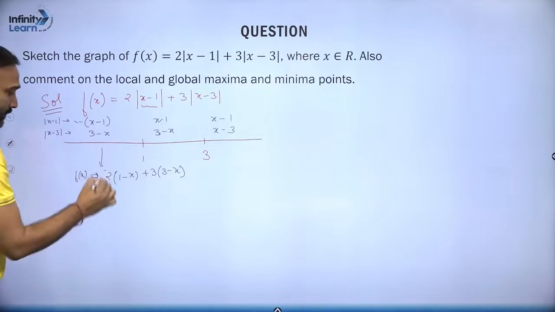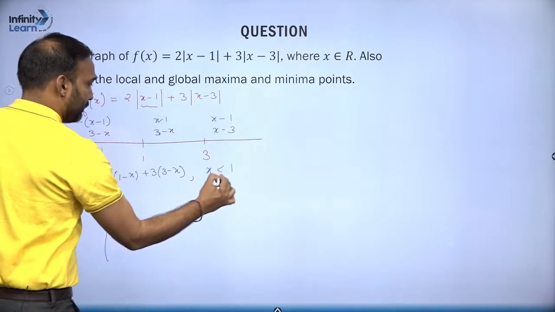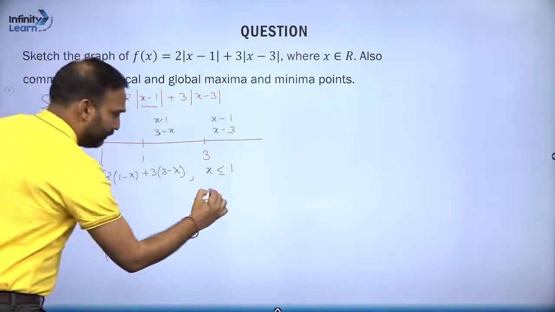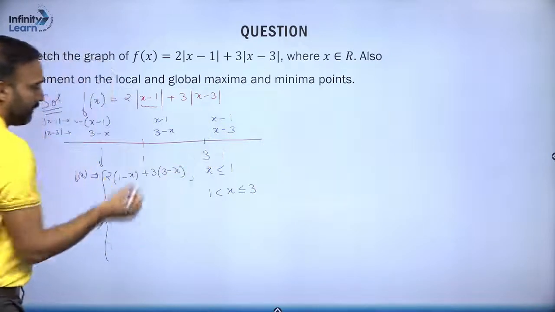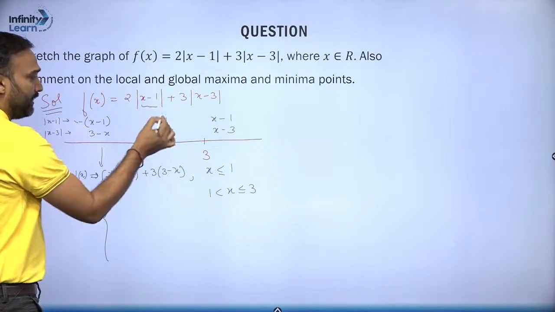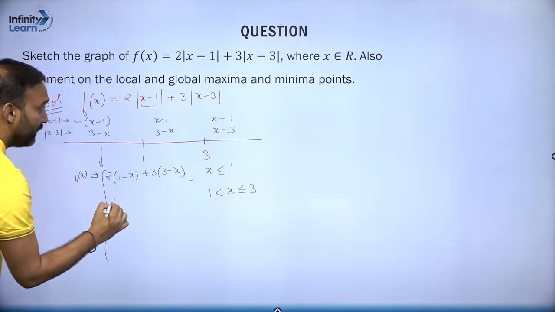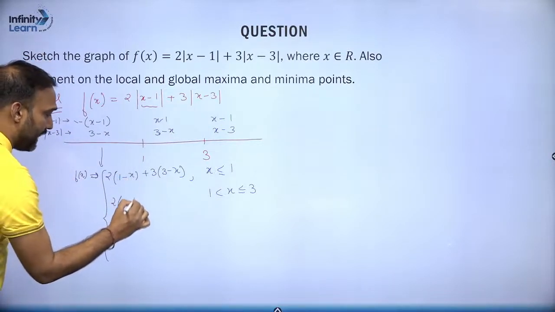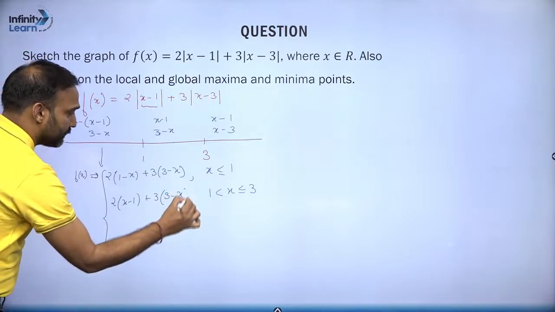So this is for x less than 1. For x lying between 1 and 3, this can be written as x minus 1 and this can be written as 3 minus x. So my function would be twice of x minus 1 plus 3 times 3 minus x.